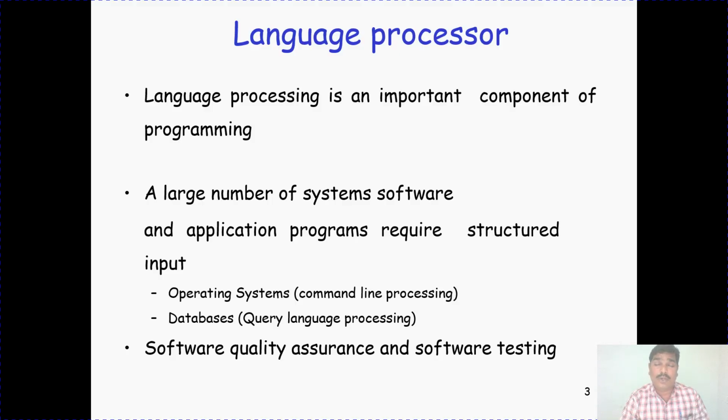The system can't understand the high level language, so it is converted into machine level language, that is called low level language. Low level language is understood by machines, but our high level language can't be understood by the system. This process is done using a language processor.